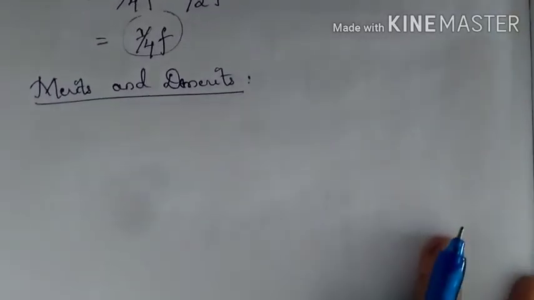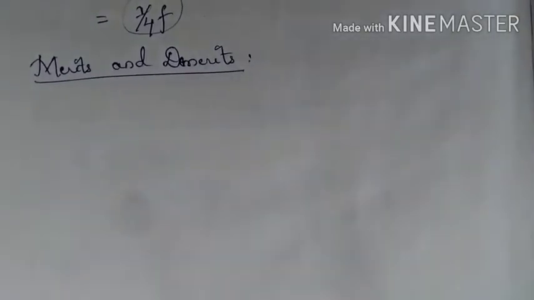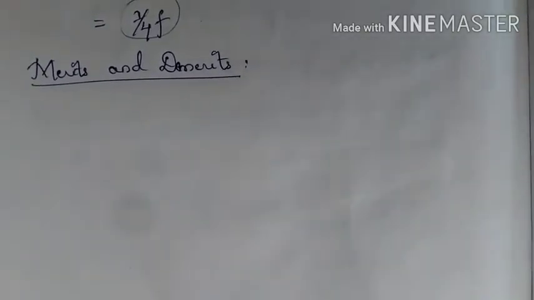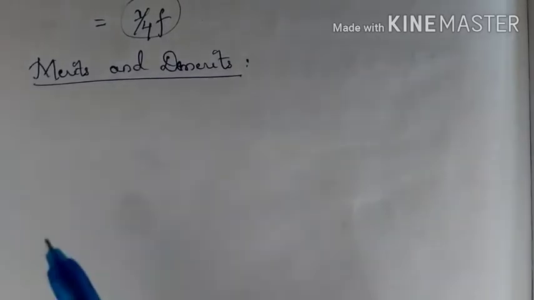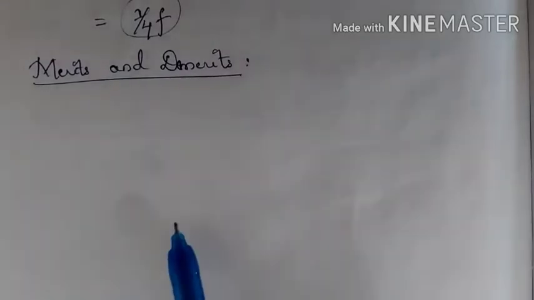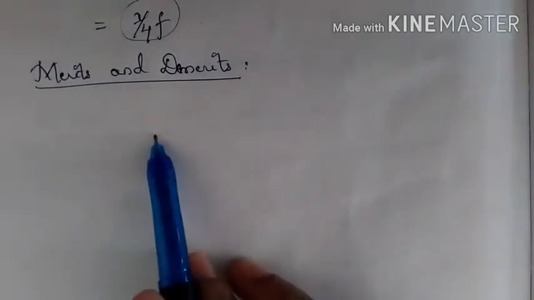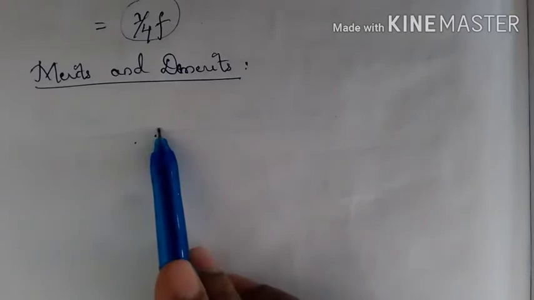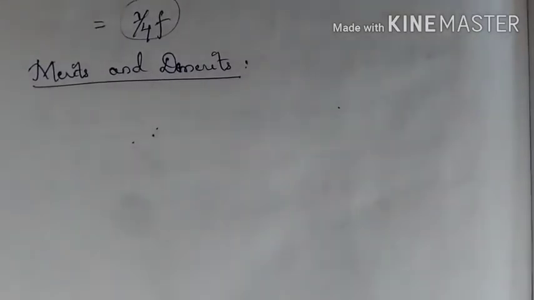You saw the construction of the eyepiece. In the eyepiece we have a field lens and an eye lens. The field lens is used for what? The field lens will increase the field of view.